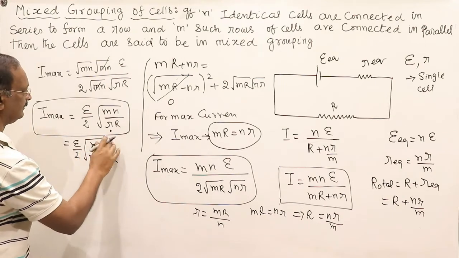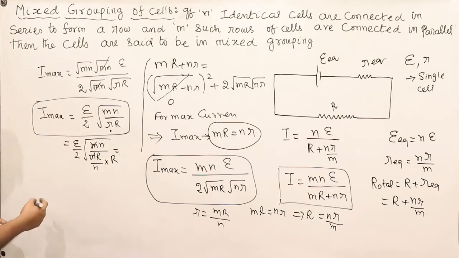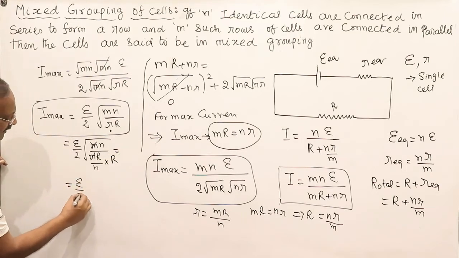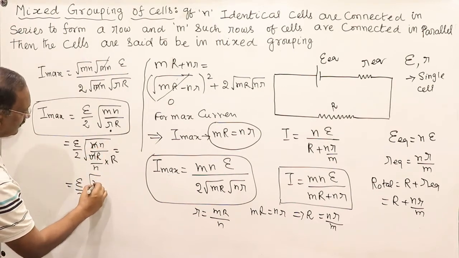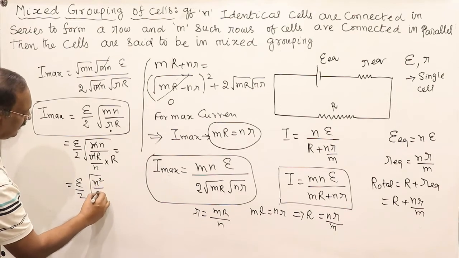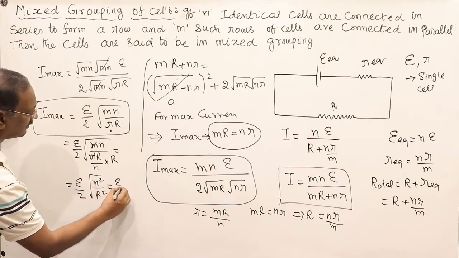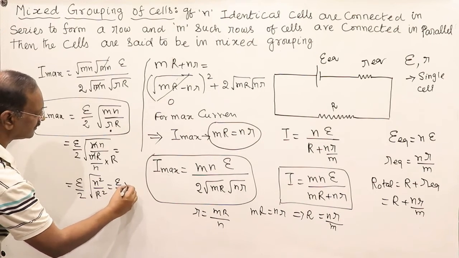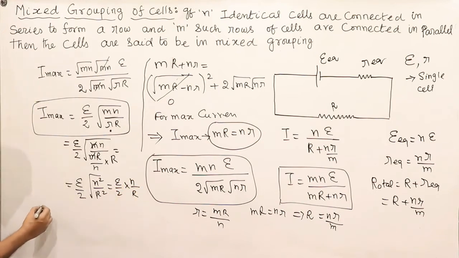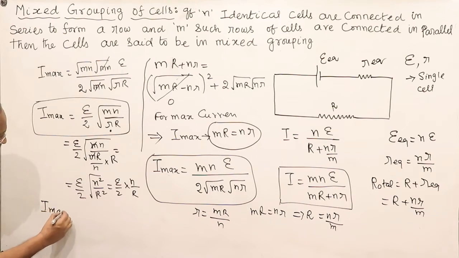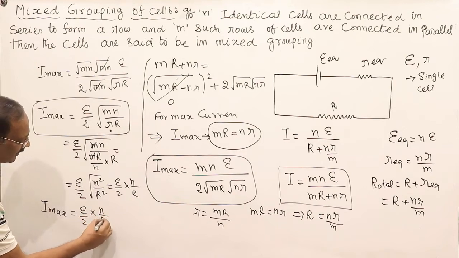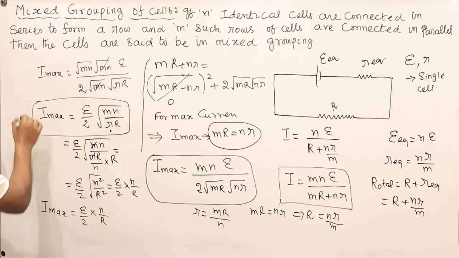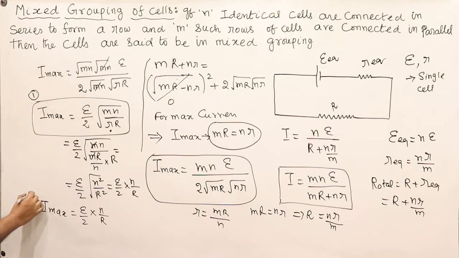This is equal to epsilon by 2, and since this has been cancelled, under root n square divided by r square is equal to epsilon by 2 into n by r. Or we can write I max in another form: I max is equal to epsilon by 2 into n divided by r, where r is the internal resistance. This way also it can be written for maximum current.